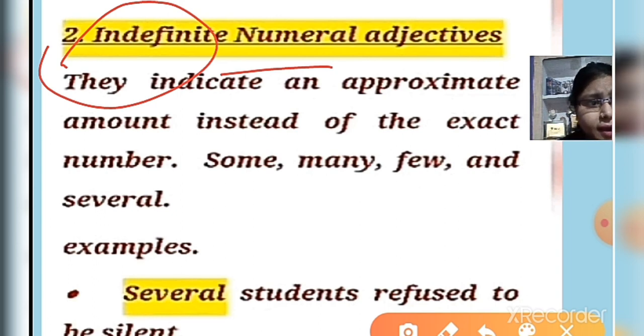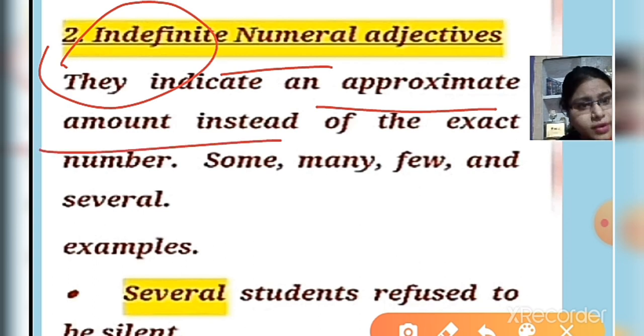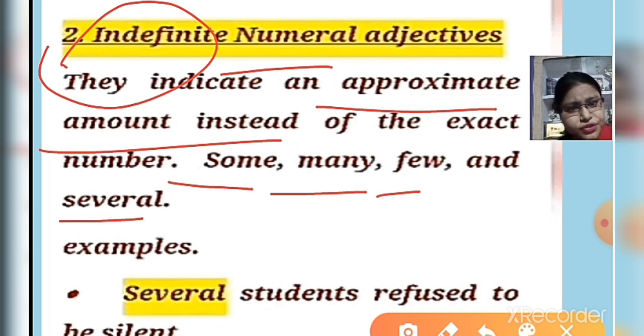Here we have the approximate amount instead of the exact number. Okay, the approximate, near about amount we can know with the help of these indefinite adjectives. See the examples, we will be more clear. The words some, many, few and several are the words that are always indefinite numeral adjectives.